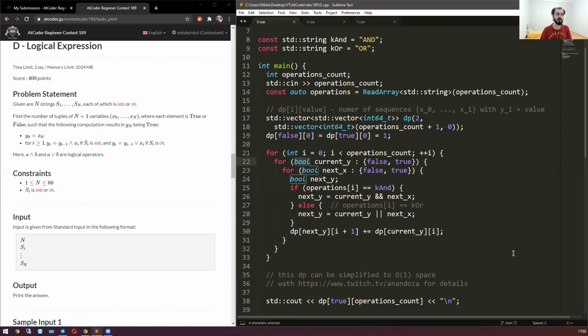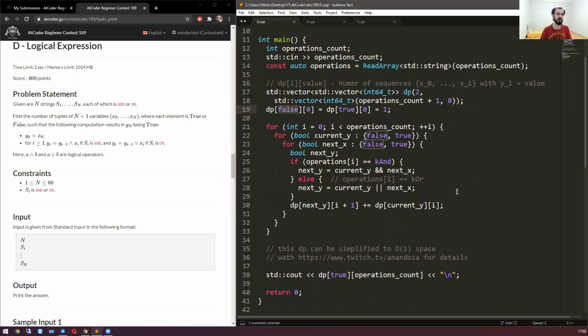And in C++ and Python, I believe you can have very nice syntax where you encode entries of the previous as false and true instead of 0 and 1. It becomes much clearer what is actually happening. And you can also loop like this in Python, I believe: for current y in tuple of false and true.